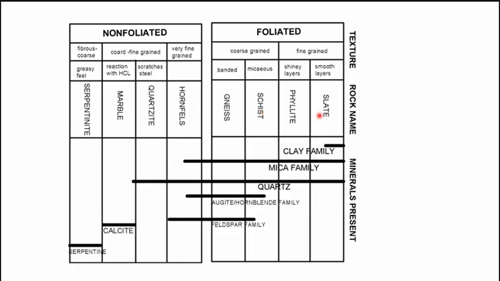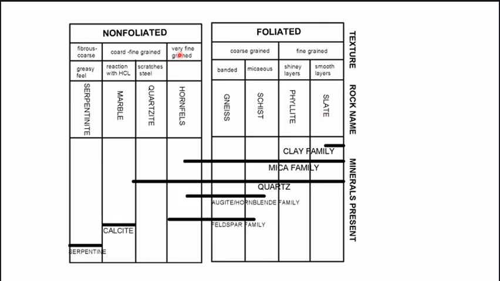Those are the four foliated metamorphic rocks we'll be looking at. We've not looked at any non-foliated metamorphic rocks. We're still going to look at the foliated rocks and see what they look like in pictures. Then we'll go to non-foliated rocks later.